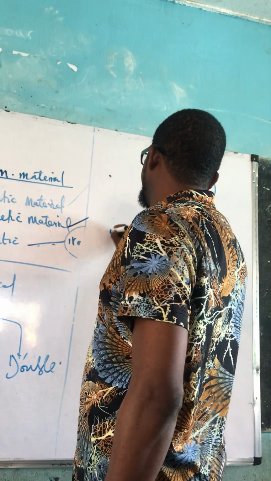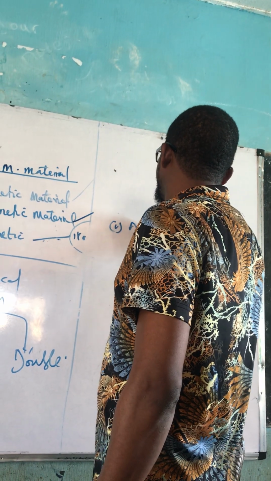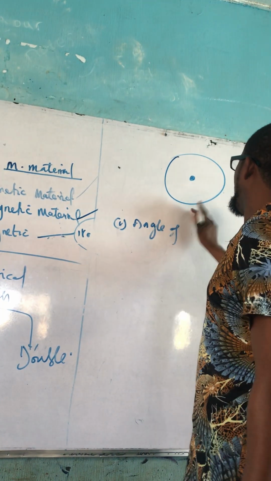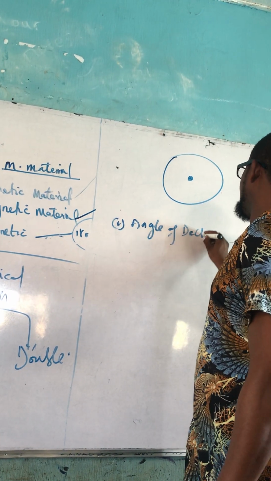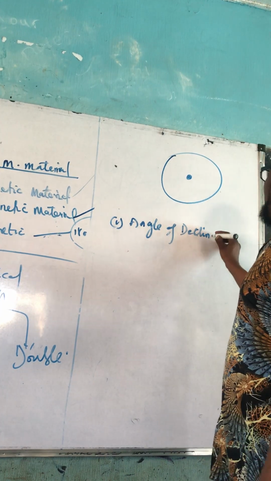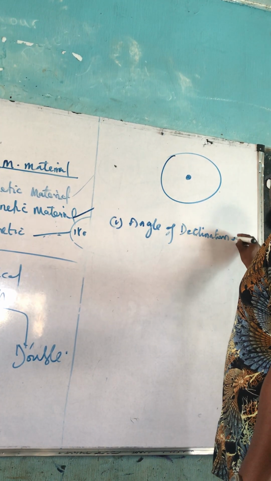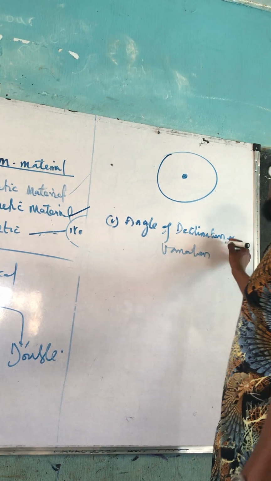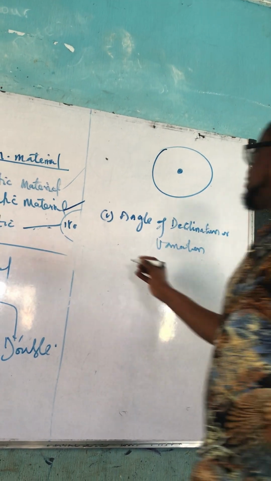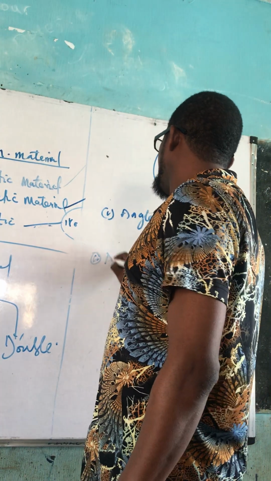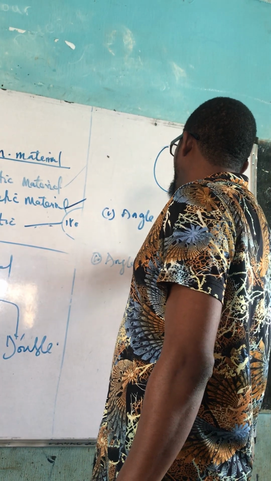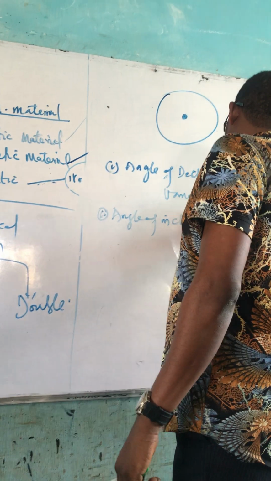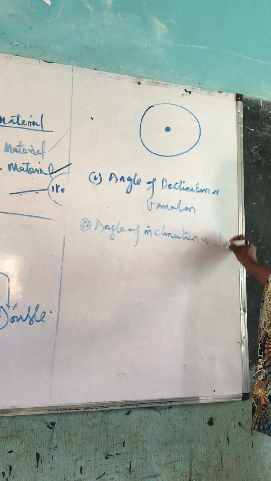One of them is called the angle of declination, or variation. That's another name, if you don't remember declination. Another factor is the angle of inclination, which is otherwise known as what? Dip.